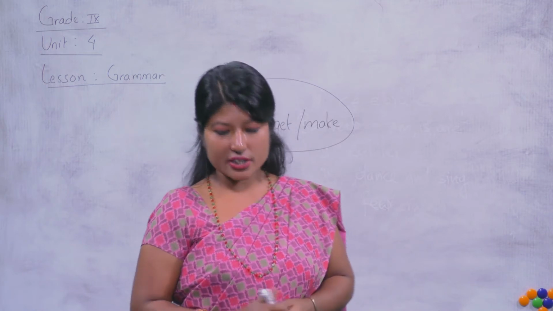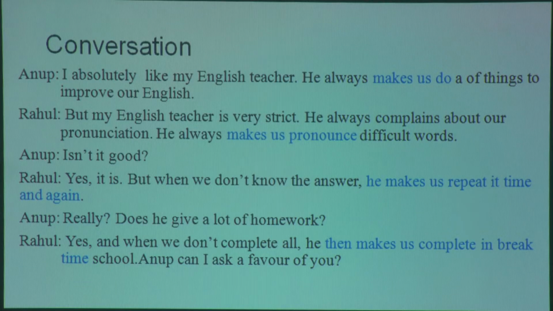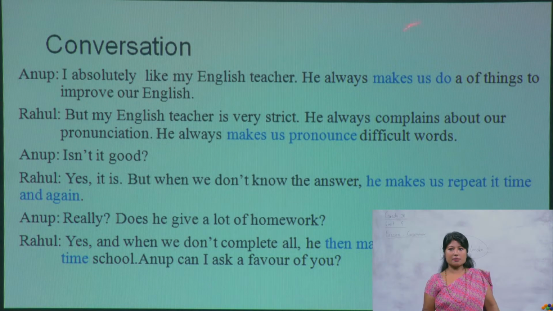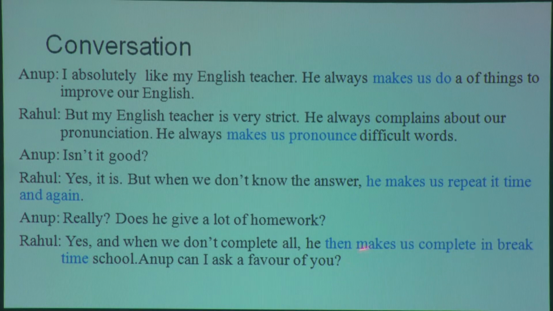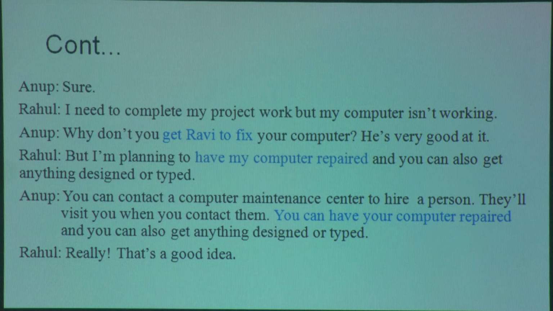Okay, so here, see, the same conversation that we read before, and the words highlighted, you can see: makes us do, makes us pronounce, he makes us repeat each time and again, then makes us complete in break time, get Ravi to fix, have my computer repaired, you can have your computer repaired.